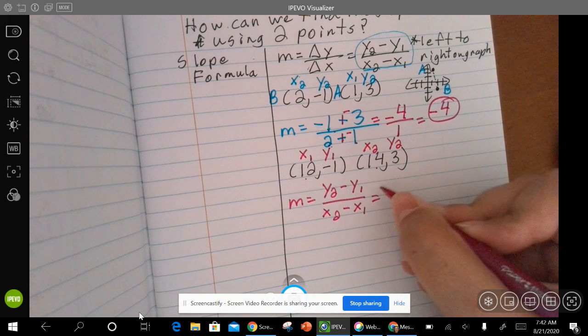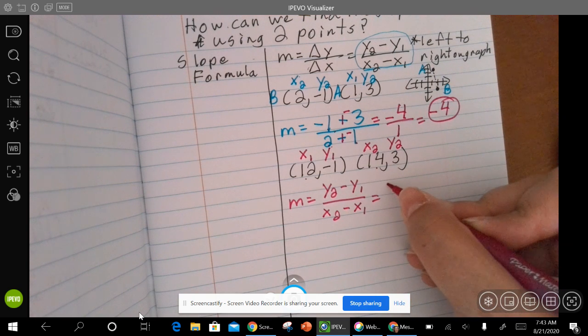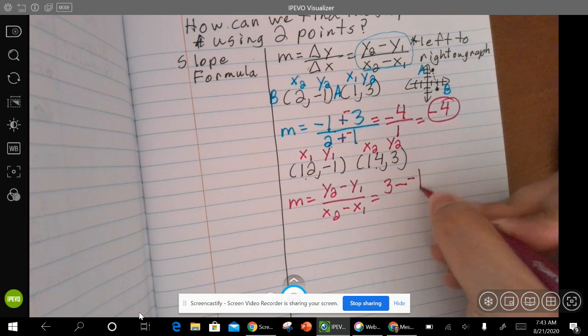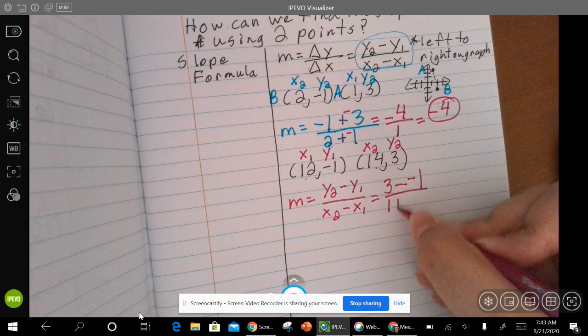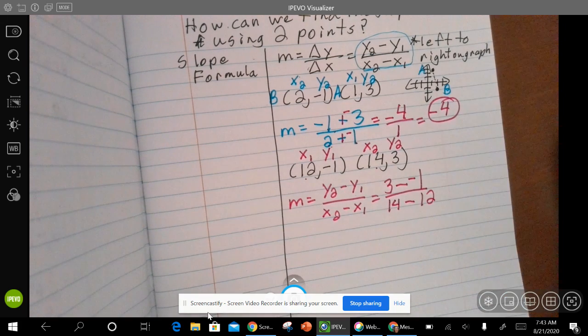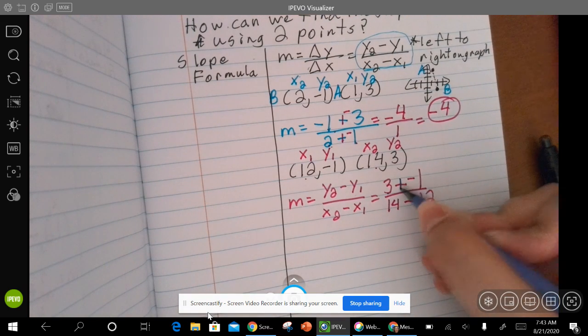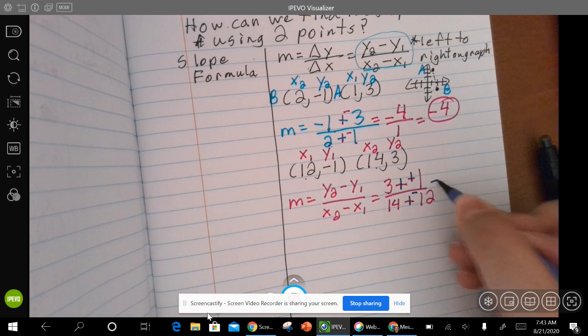Okay, so we're going to go ahead and substitute them in. So I'm going to do 3 minus -1 over 14 minus 12. Okay, we're going to do our keep, change, keep, change.